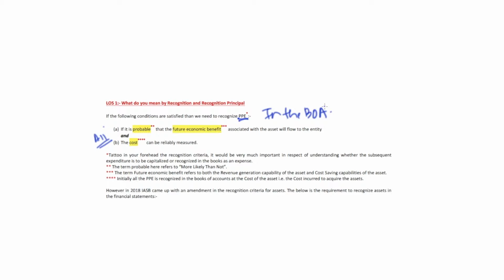The first thing is if it is probable that the future economic benefit associated with the asset will flow to the entity and the cost can be reliably measured. Now, this is an asset that meets the definition of property, plant, and equipment. Now comes the recognition principle.